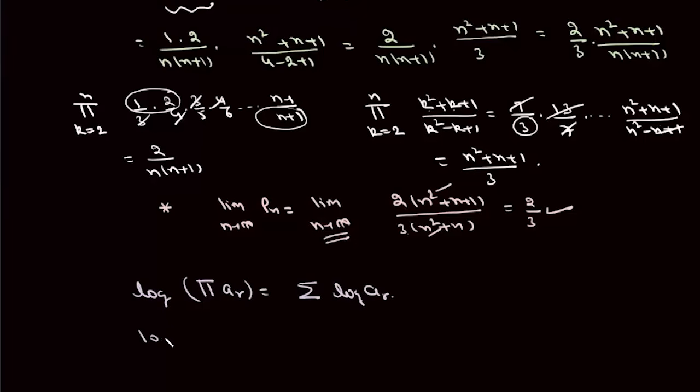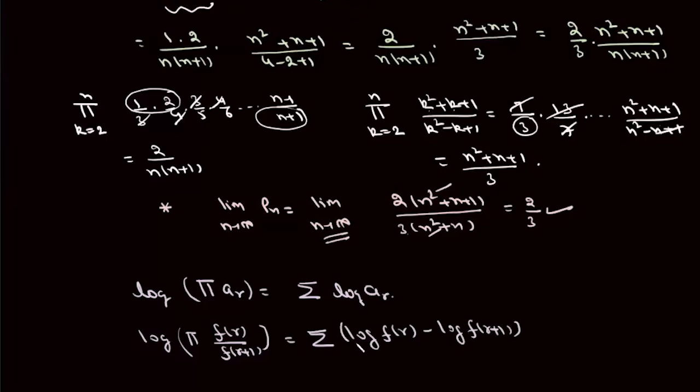So if this a(r) is the product f(r) upon f(r) plus 1, it'll change to this summation, log f(r) minus log f(r) plus 1, which is simply a telescopic summation. So though it is not needed, I've just illustrated the relationship between telescopic summation and telescopic product.